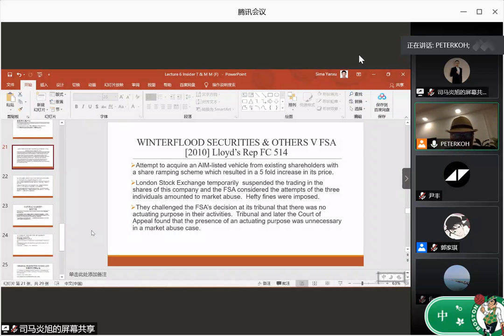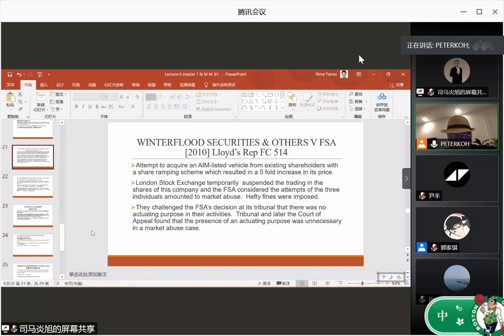This is a case, Winterflood Securities and others. But the name you can see is securities is definitely 咨询公司. Now here is an attempt to acquire AIM 就是英国的 Nasdaq. It's not the main 交所, it's AIM, a listed vehicle from existing shareholders with a share scheme. And because of this, the price went up 5 times.